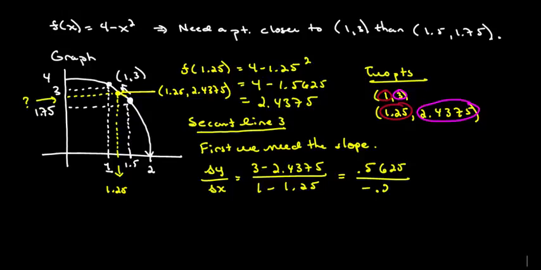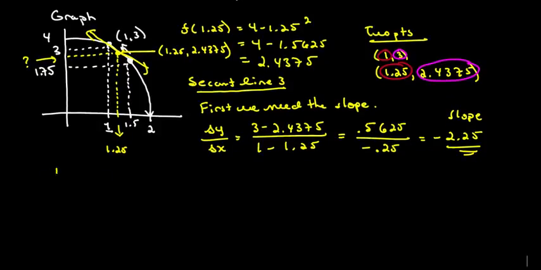And that'll help tell you that you obviously did it wrong. So when we do the computation out, it looks like it's going to be negative 2.25. Okay, so that's the slope of that yellow line.